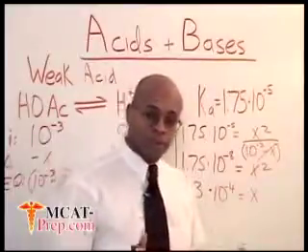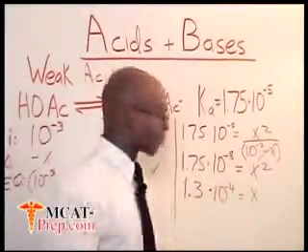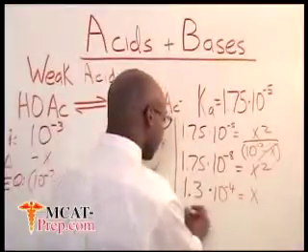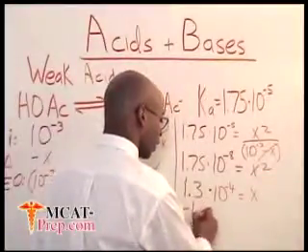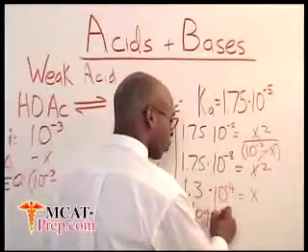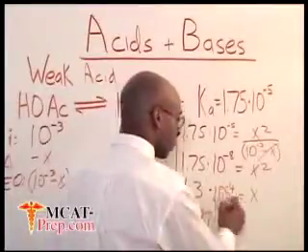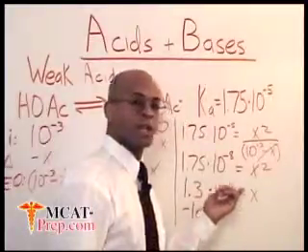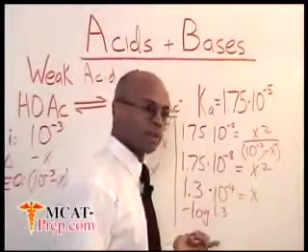So what would the pH be? Well, we would have to take the negative log of all these terms. And then we would end up with the negative log of 1.3. And then we'd have the negative log of 10 to the minus 4. Once again, minus 4 comes in front of the logarithm.